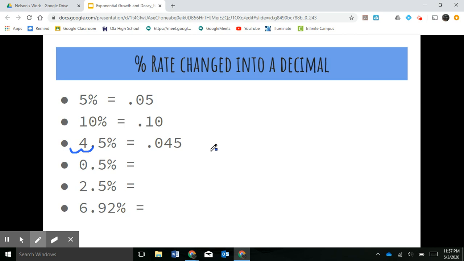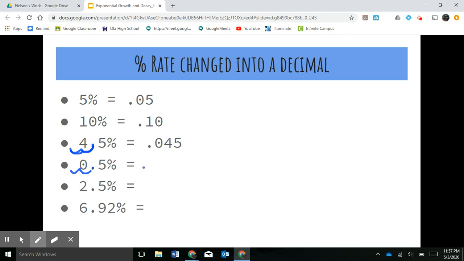I remember when we did this, people said there's the decimal, it's right there. Remember, it's a percent because of the percentage sign, so you still move the decimal over 2 places.